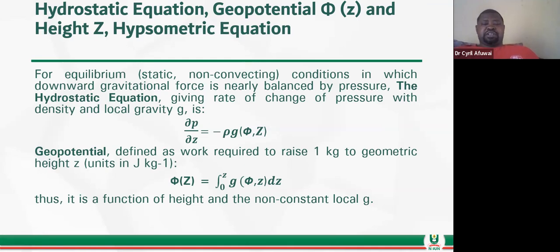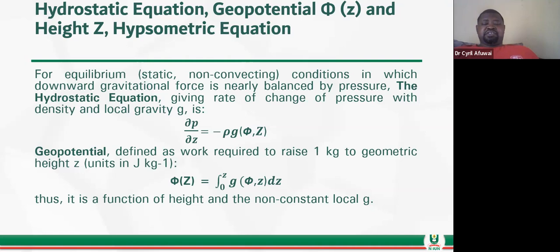Now, geopotential. Geopotential is defined as the work required to raise 1 kg to geometric height Z, and the unit of geopotential is joules per kilogram, and is given by phi of Z equals the integral from 0 to Z of G into dZ.